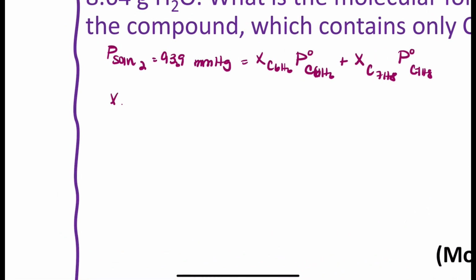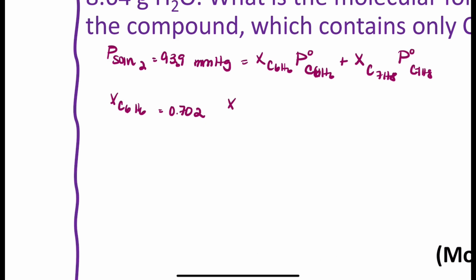What I find here is my mole fraction of C6H6 is 0.702. How did I find that? I use that 100 grams of benzene, convert that to moles of benzene, and divide it by the total moles of the system, so the moles of benzene and the moles of toluene.